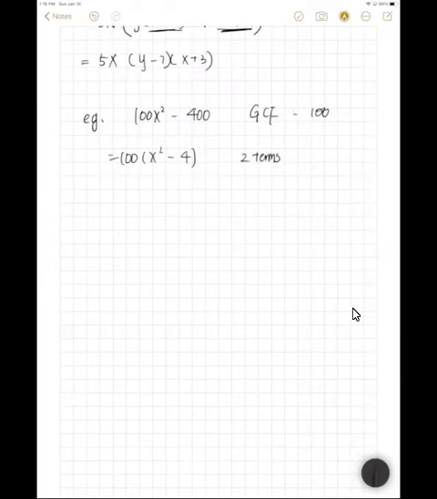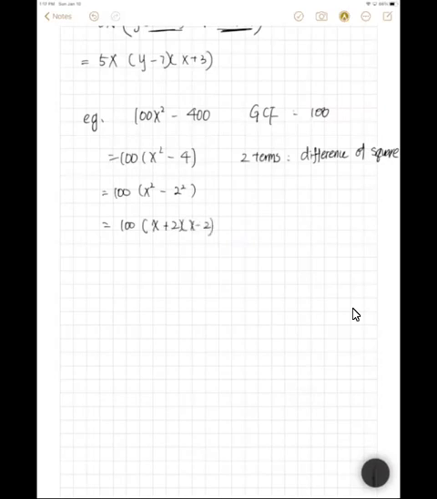The square root of 4 is what? It is 2. So that means we're going to use the difference of squares. So I have x squared minus 2 squared, and then I find the square roots, which is x plus 2 times x minus 2.